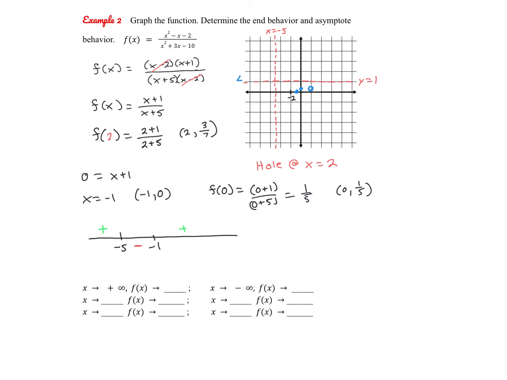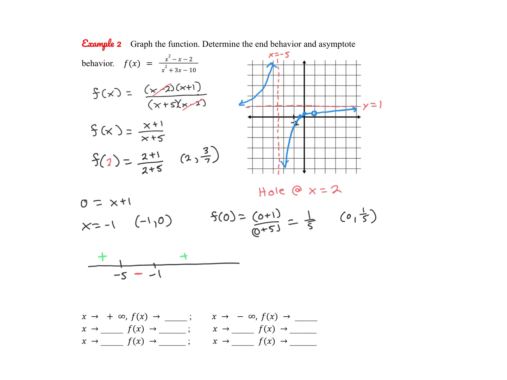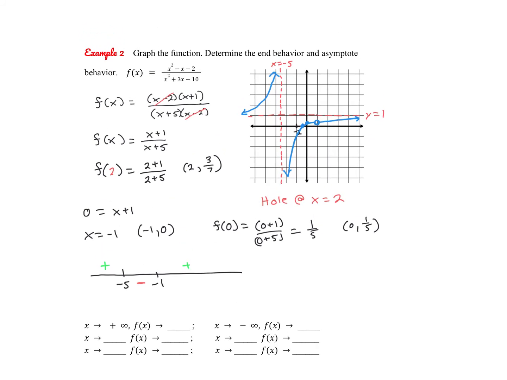Then it's going to eventually travel along our asymptote, so it'll look something like this. It's negative between -5 and -1, and then it crosses over and it's positive everywhere to the right of -1, and it will approach our horizontal asymptote. So it looks like this. It goes through the hole, and then it keeps approaching y equals 1.